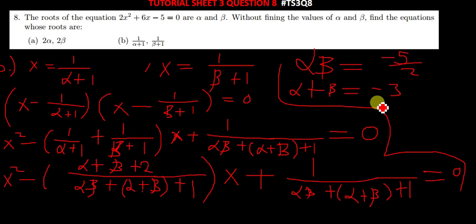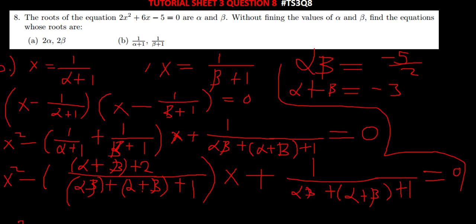So here it's just a matter of you replacing it. Where there is alpha plus beta, we are going to be putting negative 3, and then where there is alpha times beta, you put negative 5 over 2. Then you find your solution. You are going to have your final answer, which will, I think, look like this, according to my quick, let me just solve it in my head. Let me see.